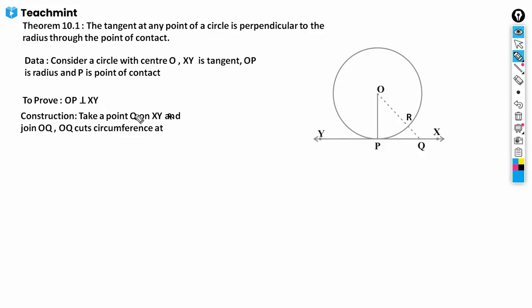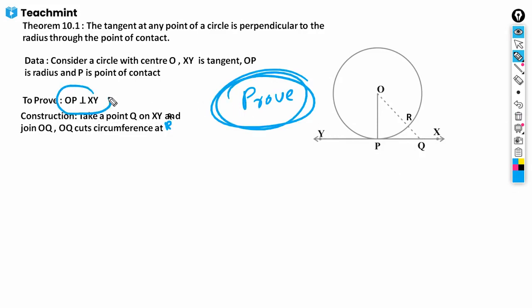Whenever we have to prove something, like that OP is perpendicular to XY, I need some basis by which I can prove it. On what basis can I say that OP is perpendicular to XY?